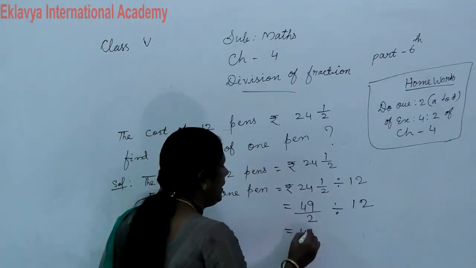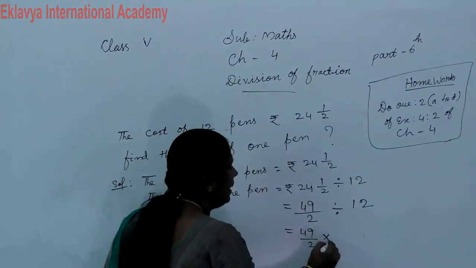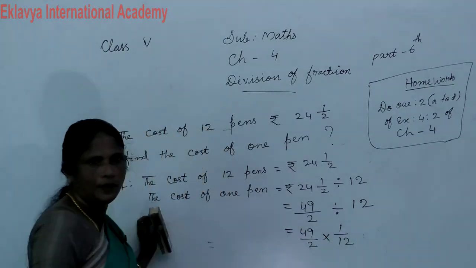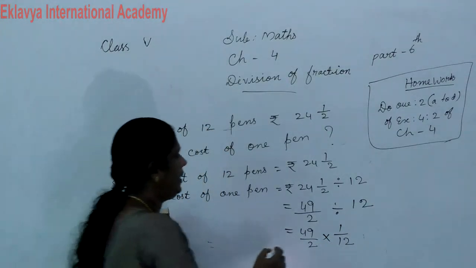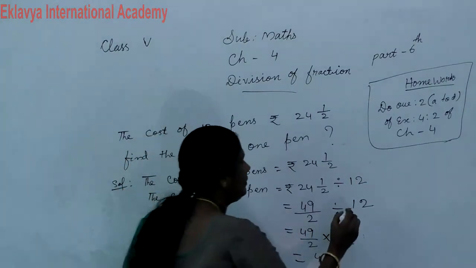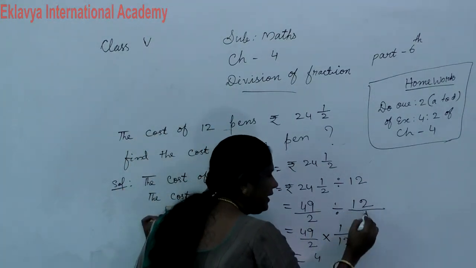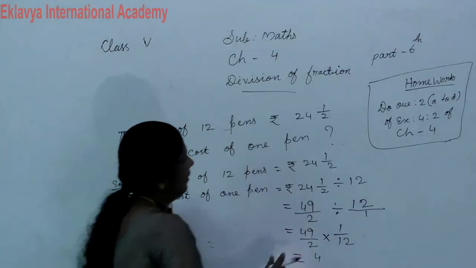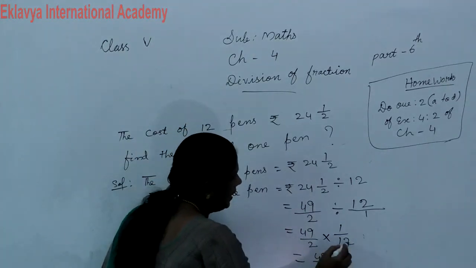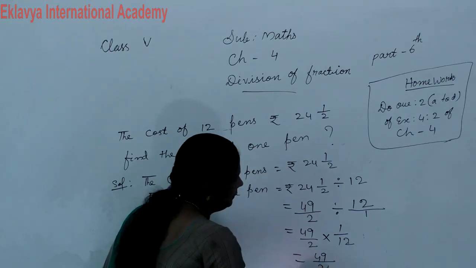Then 49 upon 2 multiply 1 by 12. Now we multiply this 49, you don't cut, you put here 1. 49 times 1 is 49, then 24.